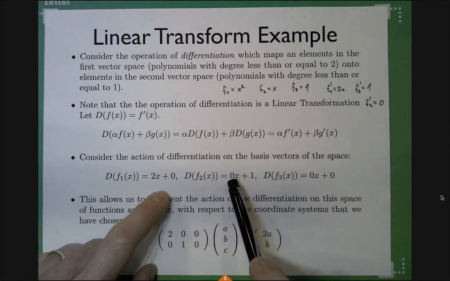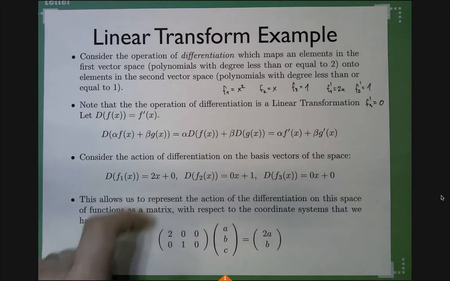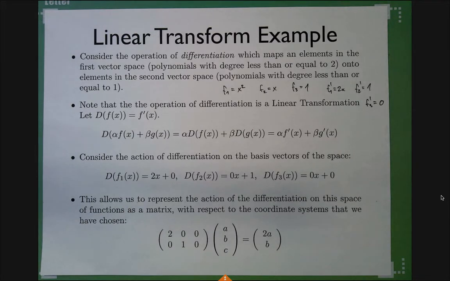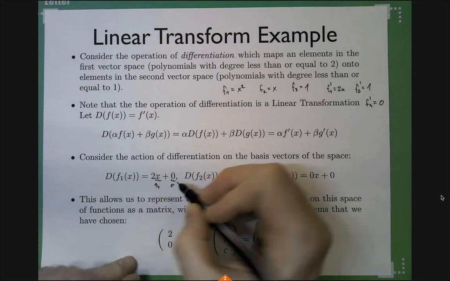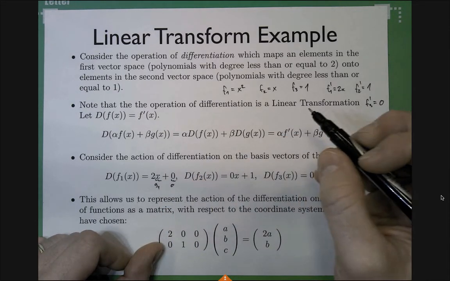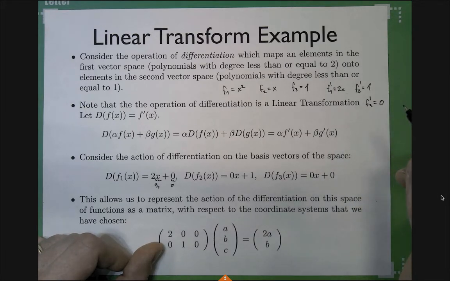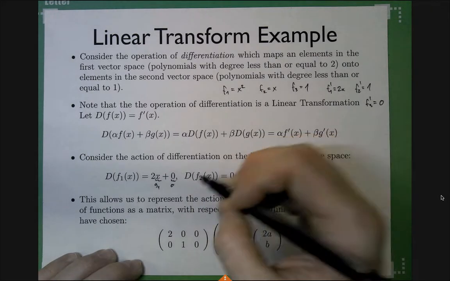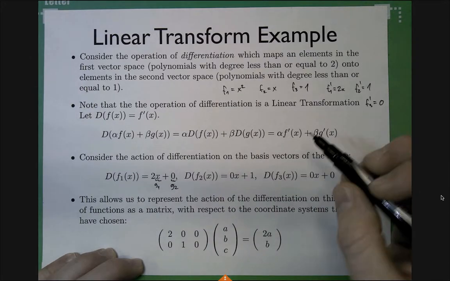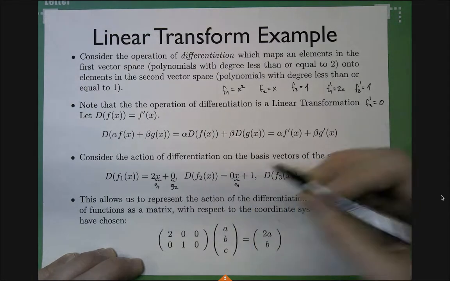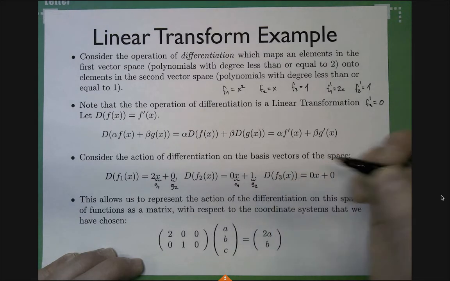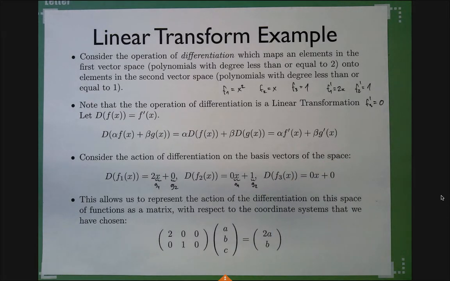This would be 0x plus 1, and 0x plus 0. So this x is basically my g1, and this 0 is my g2, it's 0 times g2. And same thing here, this is my g1, g2.